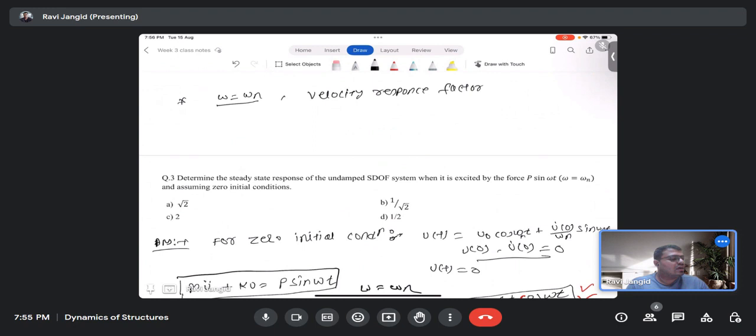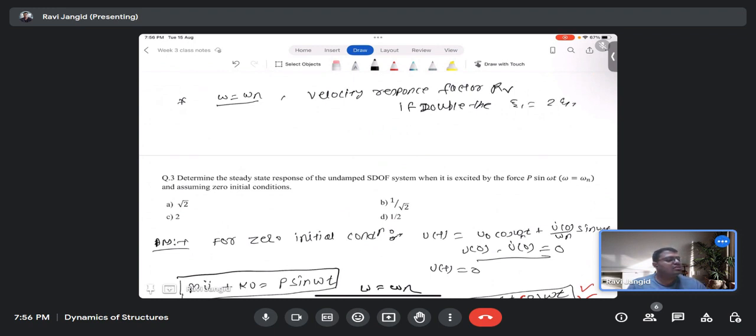if I double the damping, from xi 1 to 2 xi 1?